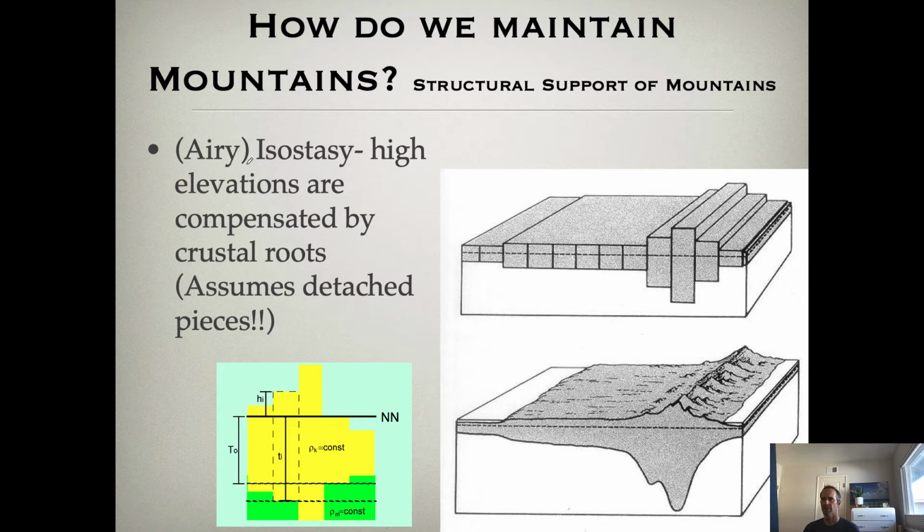So there are two types of ways that high elevation can be maintained. The first is called Airy isostasy, and this is where high elevations are compensated by crustal roots. What this means is that anywhere you see high elevations, you assume that below this area you have a deeper section of continental crust, which is shown as dark.